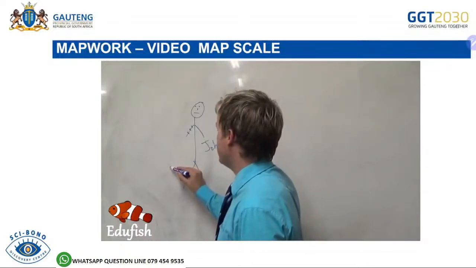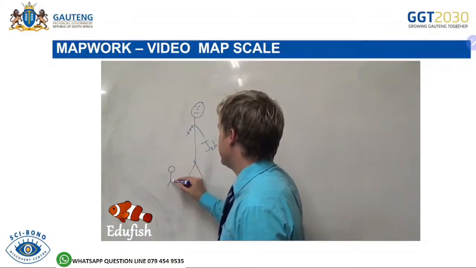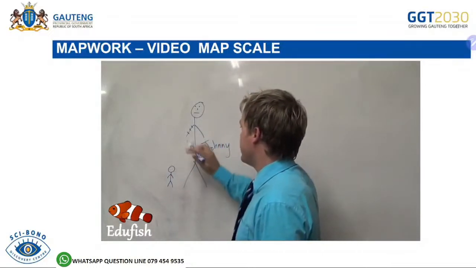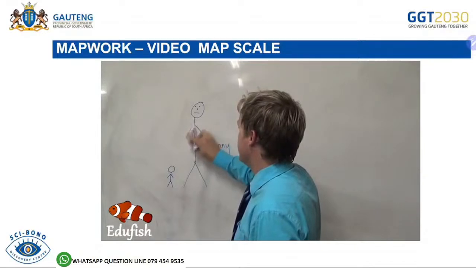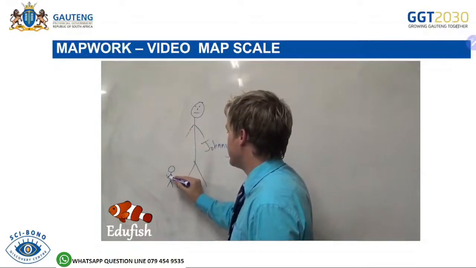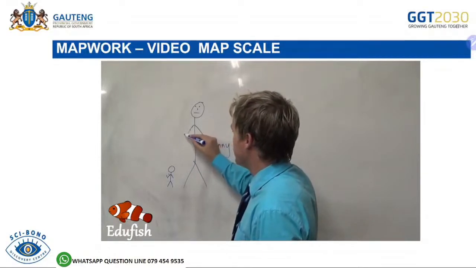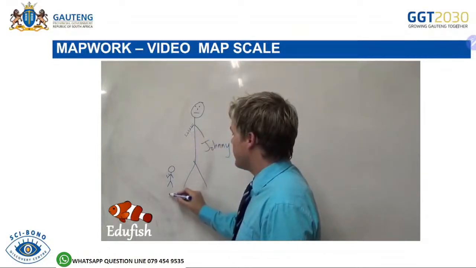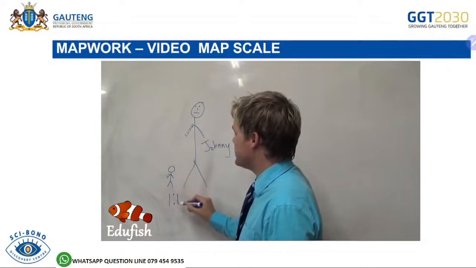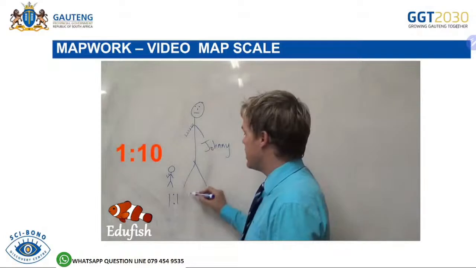Now, once again, I'm going to do a rough estimate here. Let's say this is 10 times smaller. And now if we take a ruler and we measure 1 centimeter here, then it will represent 10 centimeters on Johnny's arm. So now the scale would be 1 to 10, because 1 centimeter represents 10 centimeters in reality.